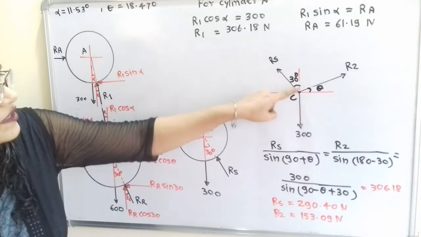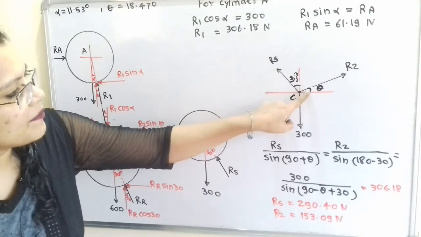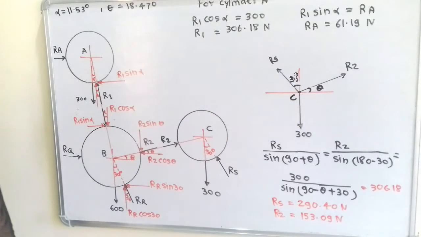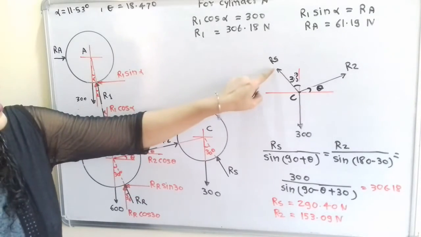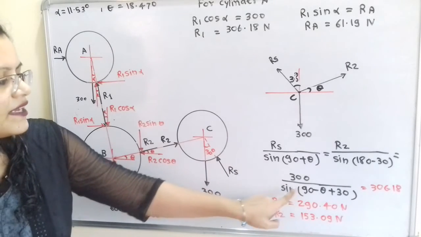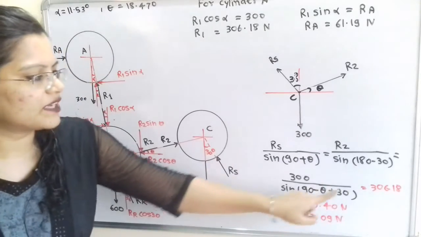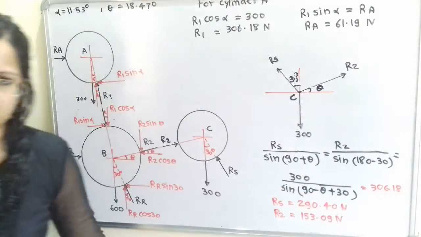If we observe, the total angle is 90 degrees. So 90 minus theta plus 30, because we have to find this angle between RS and R2. Now this theta is known. So when we solve this, 300 divided by sine of (90 minus 18.47 plus 30), then we will get 306.18.